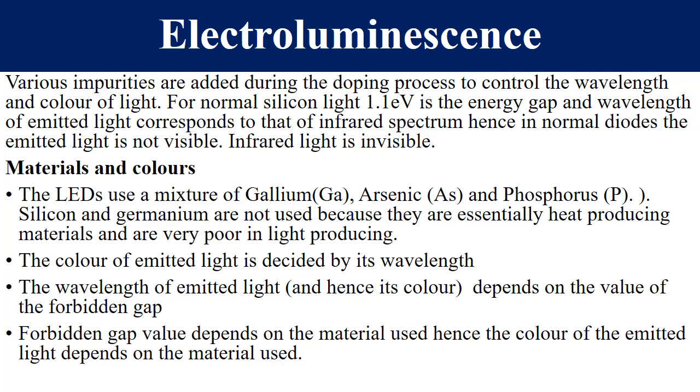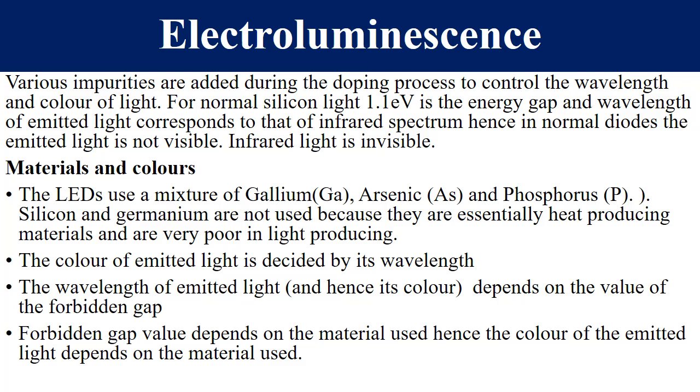And we are saying for silicon, we have got 1.1 electron volts, which is the energy gap, the energy released when the electron falls from the conduction band to the valence band, as well as the energy needed when it escapes from the valence band to the conduction band.